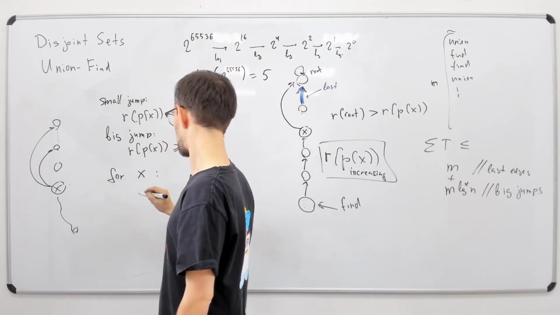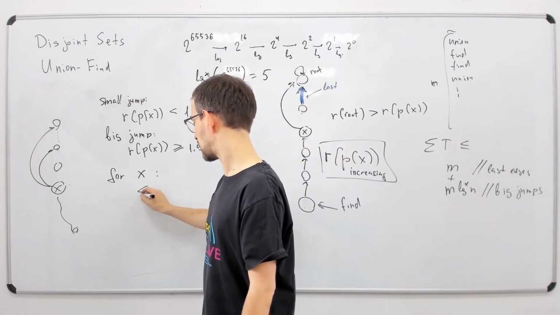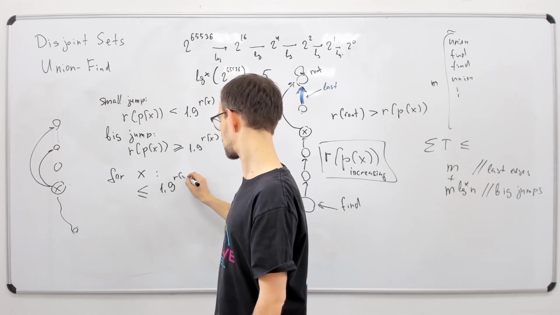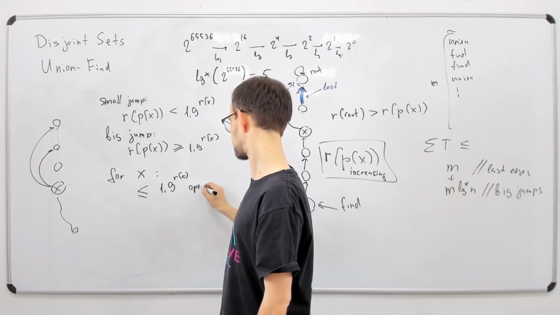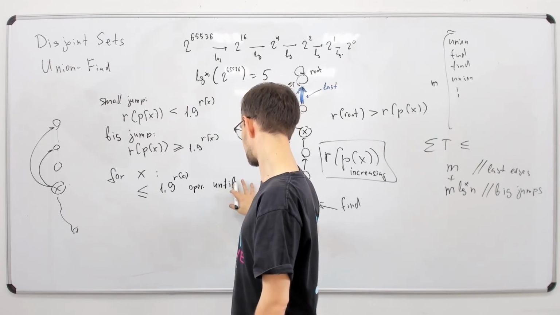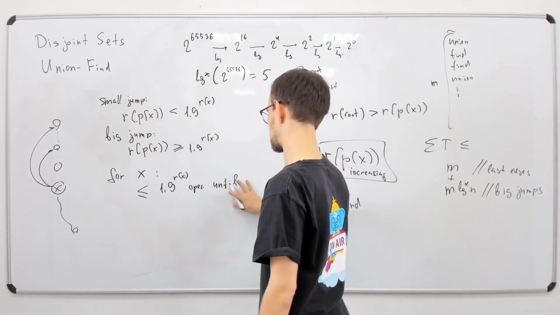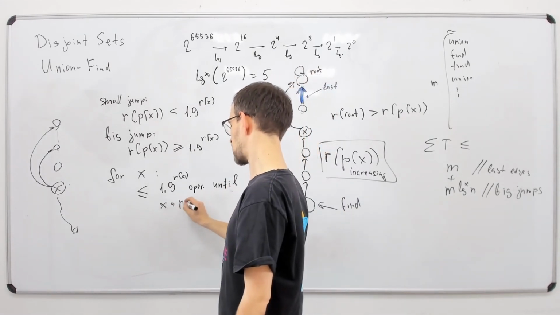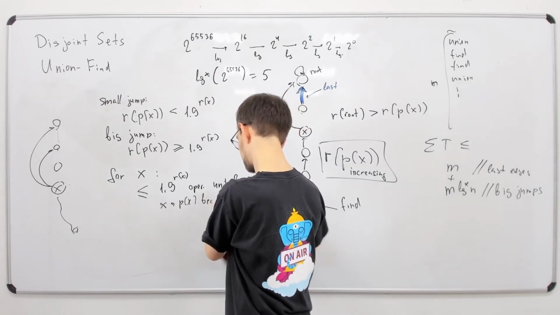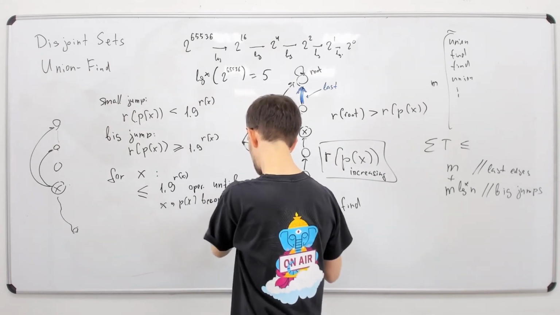For x, we need to make at most 1.9 to the power of rank of x operations until the jump from x to the parent of x becomes the big jump.